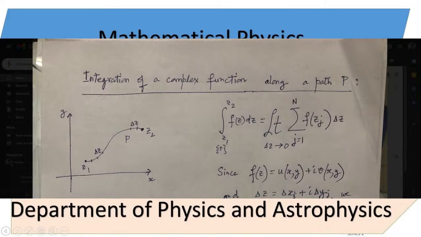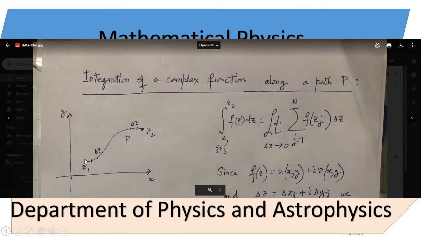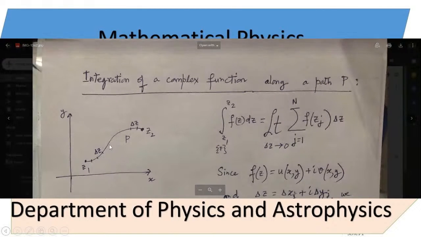And how is integration defined? What you can do is take this path P from z1 to z2. You choose a particular path and divide it into n equal segments. That means this entire path has been divided into n equal segments, so that the distance between any two neighboring points is delta z.